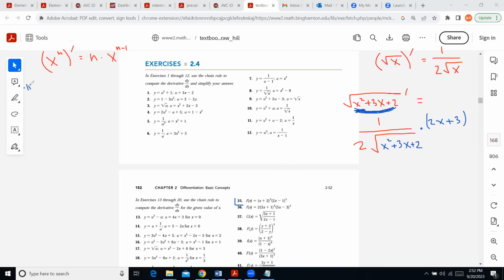So, for example, when I look at 35 in the section 2.4, that deals with x plus 2 raised to the power of 3, looks like. And this is also multiplied by another parentheses with 2x minus 1 inside raised to the power of 5.